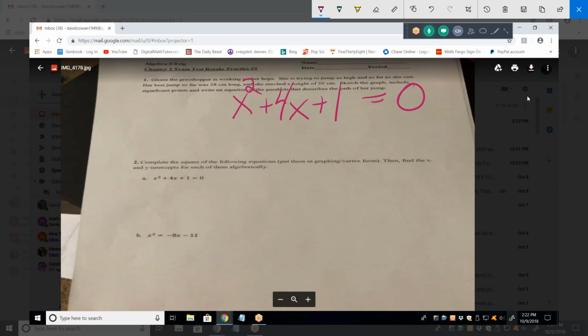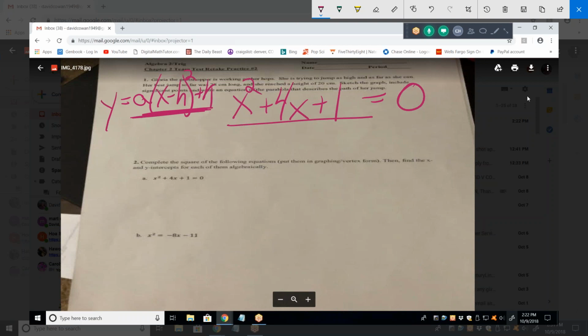What we're trying to do when we complete the square is put it in this format right here. Remember the vertex format? Okay.